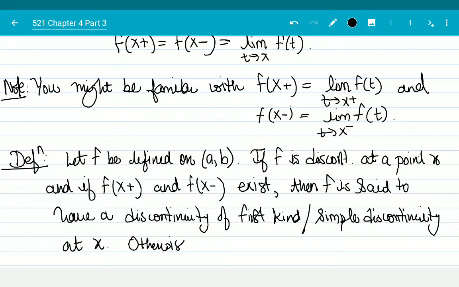Otherwise, the discontinuity is said to be of the second kind.